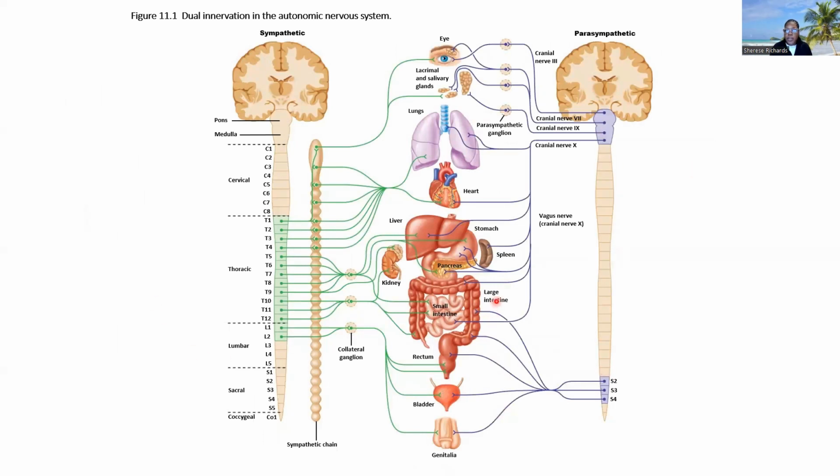So here's a schematic that just shows what that comparative secrecy looks like. When we talk about the effector organs that are under control from the autonomic nervous system, they're the same glands and organs, right? But they're getting innervation from both divisions of the autonomic nervous system.